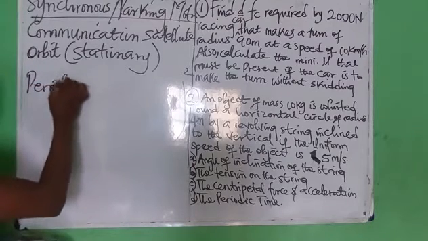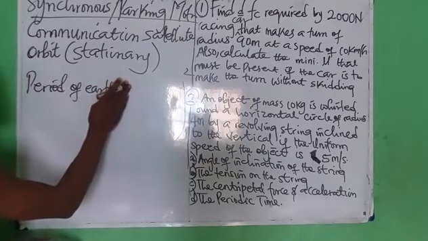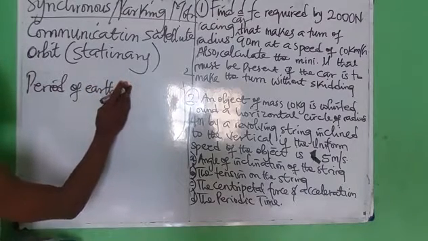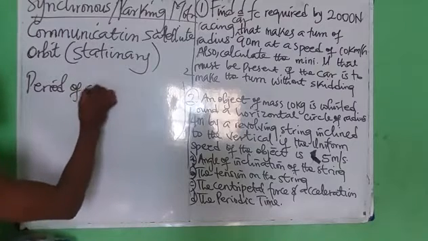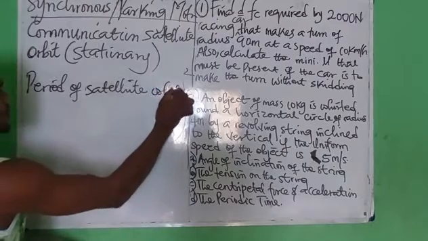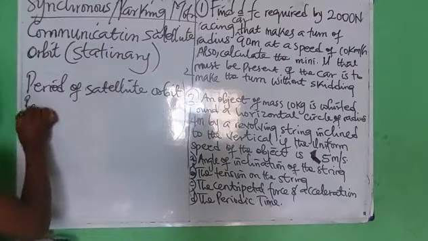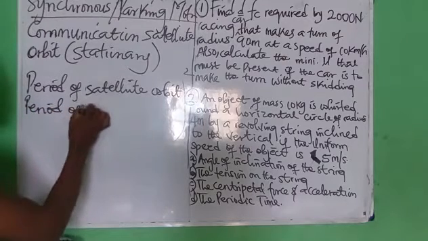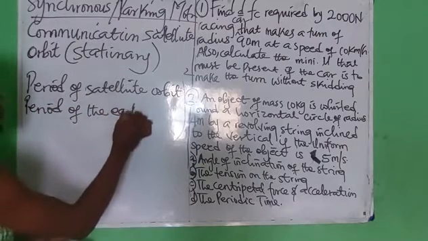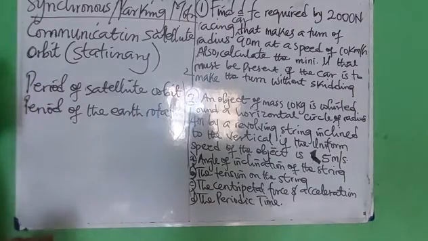Now, for it to rotate circularly about a fixed point, it means that the period of the satellite orbit must be the same as the period of the Earth's rotation.